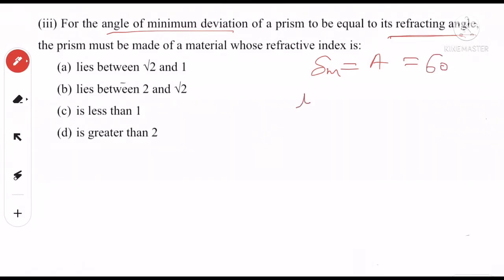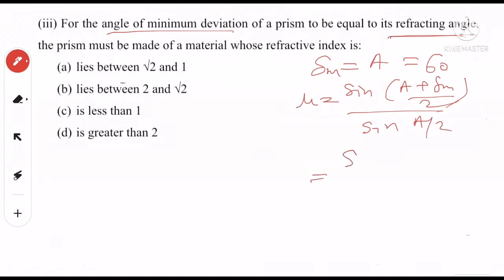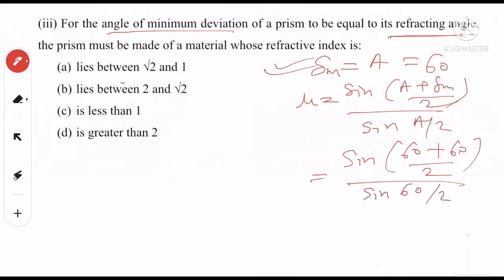Now mu is equal to sine (A plus delta minimum) upon 2 divided by sine A by 2. So this will be sine of (60 plus 60) divided by 2, upon sine 60 divided by 2, which means sine 60 upon sine 30, or root 3 by 2 upon half.